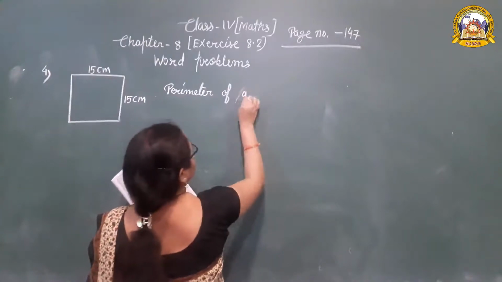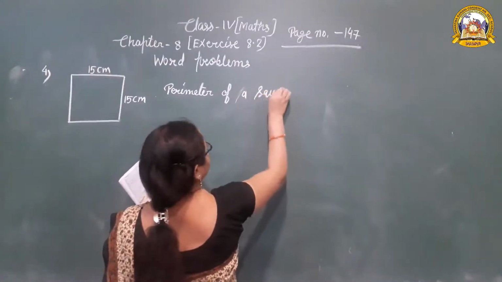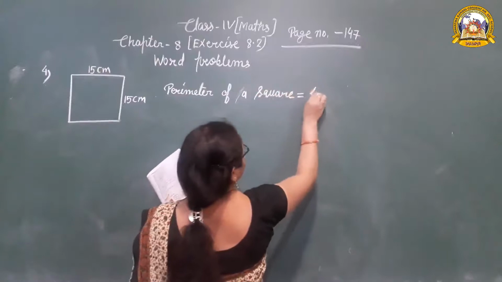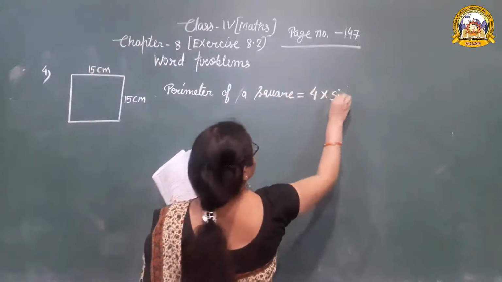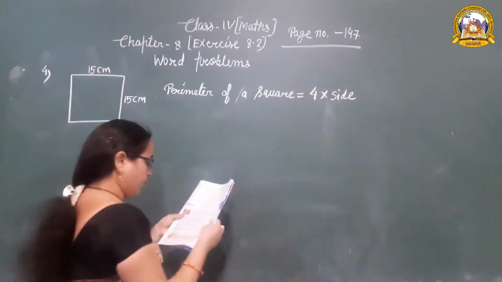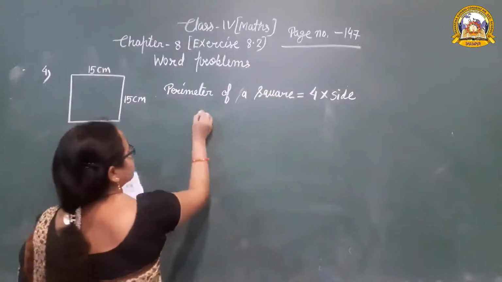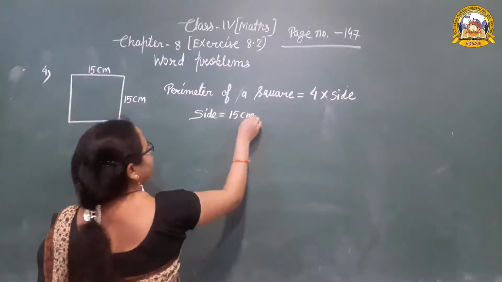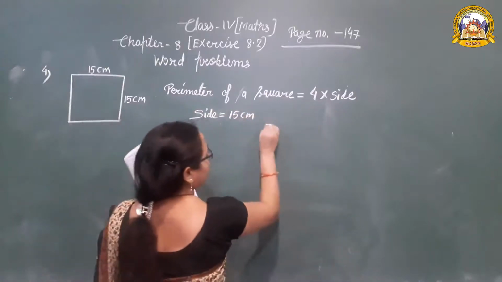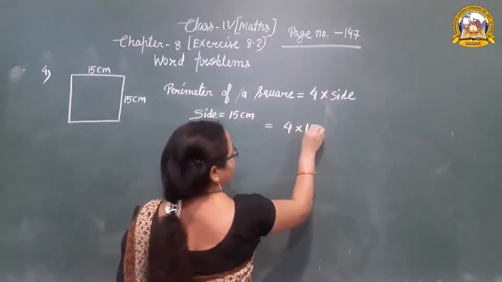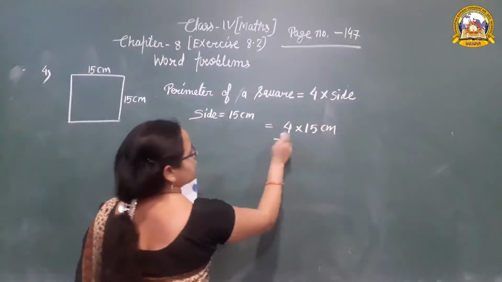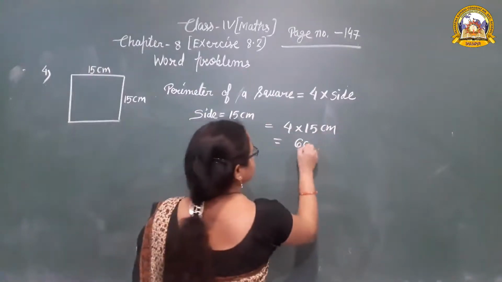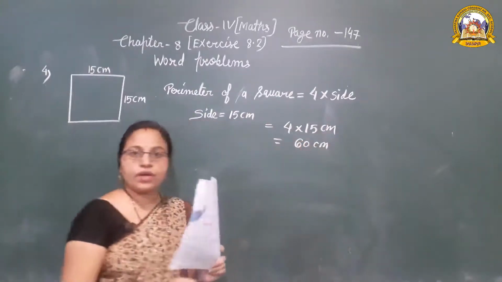Perimeter of a square is equal to 4 into side, and the side given is 15 centimeter. So we put this value in the formula, 4 into 15 centimeter. So what is the answer? 60 centimeter.